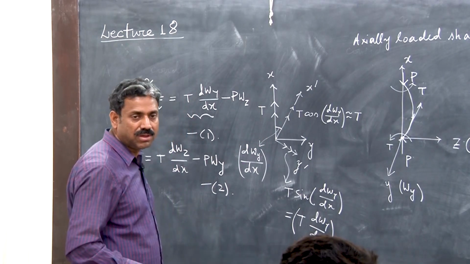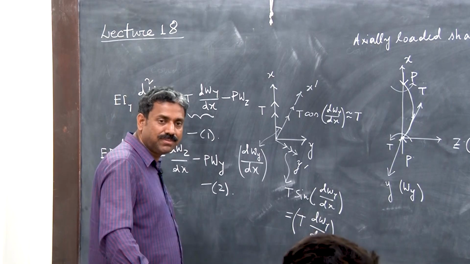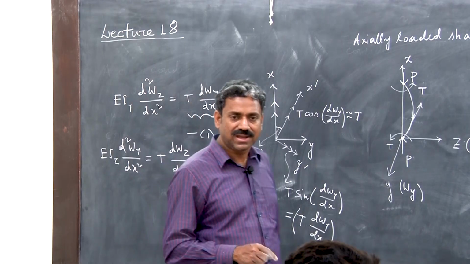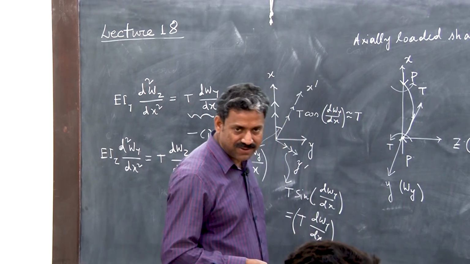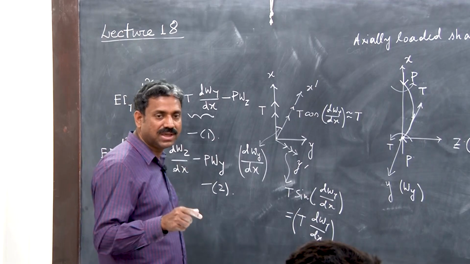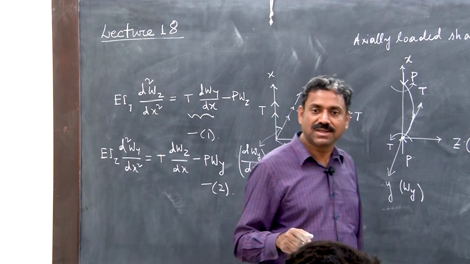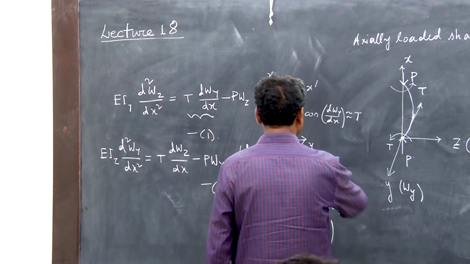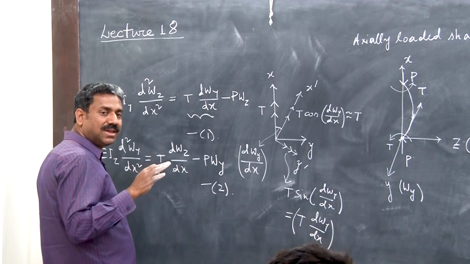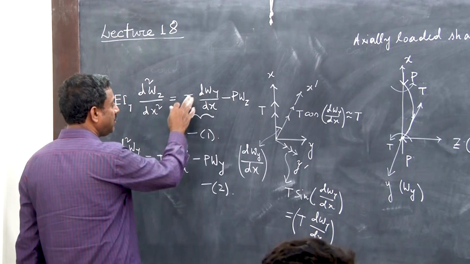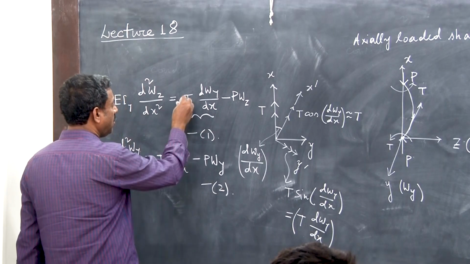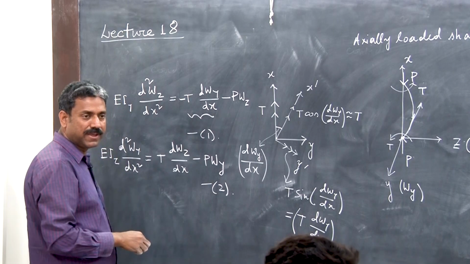M is equal to EI d2W by dx2 in one case, if the curvature and bending moment are along the same direction, otherwise it is minus. So with one choice of coordinate you get EI d2W by dx2 equal to M, whereas in the other it is minus. This causes a situation in which one of them will be negative and the other will be positive.